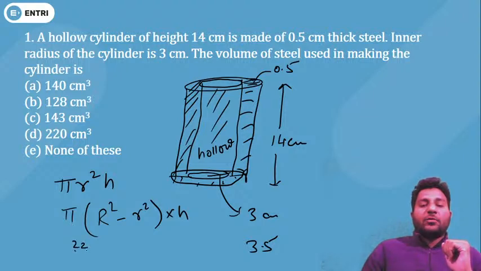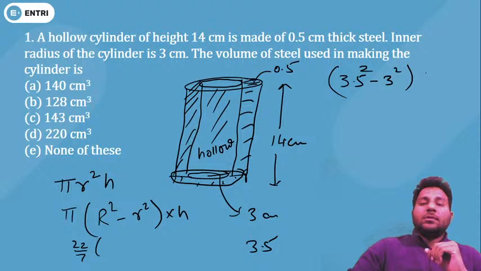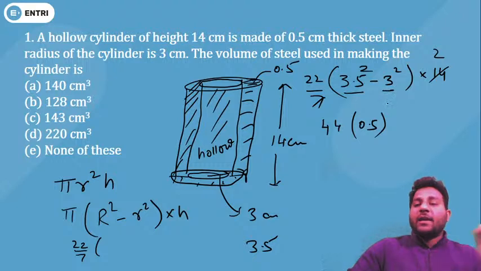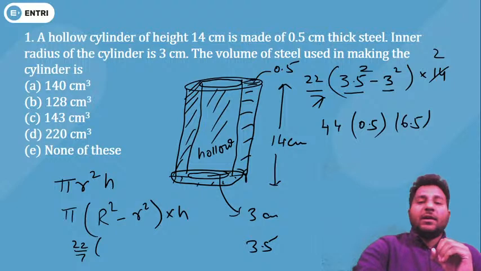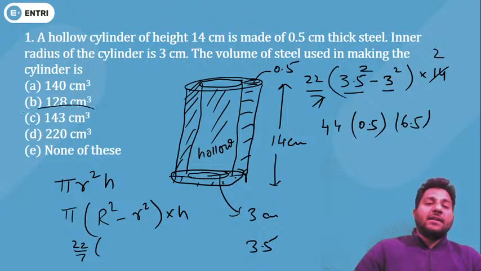So 22 by 7 into (3.5 minus 3)... that will make a minus b and a plus b, which is 6.5, into 14. You can easily solve it, and your answer for the volume will be 143 centimeter cube.